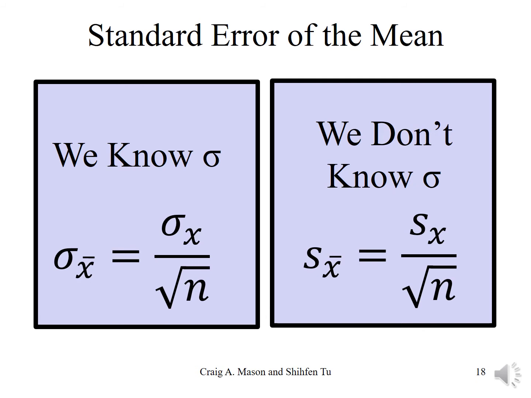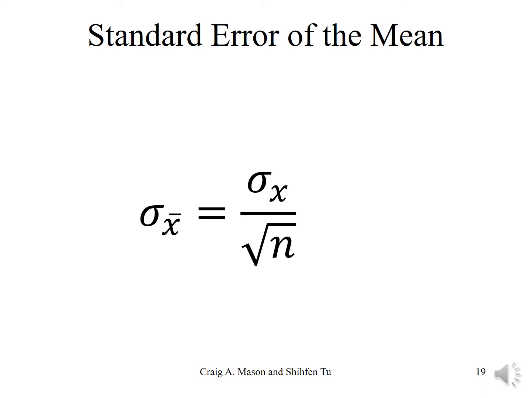But I digress. Let's take a closer look at the standard error formula and do a little mental exercise. What happens if I calculate the standard error based on a sample size of 1? Samples that contain only a single individual.